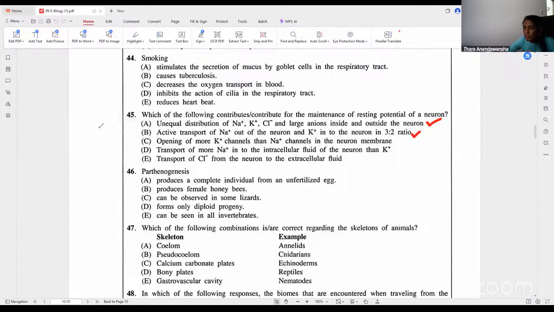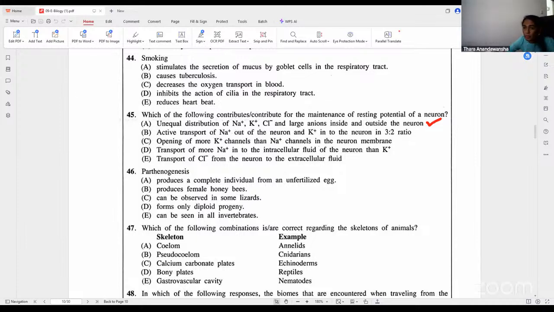Every 3 sodium, every 3 potassium taken in, 2 sodium is given now. I don't remember.